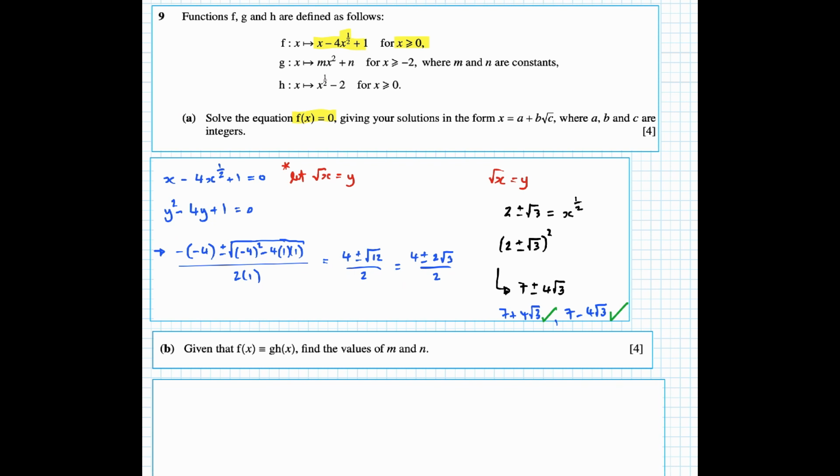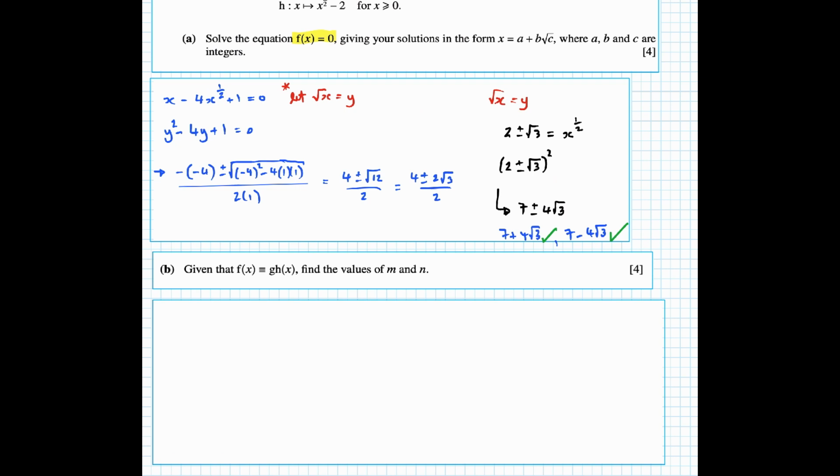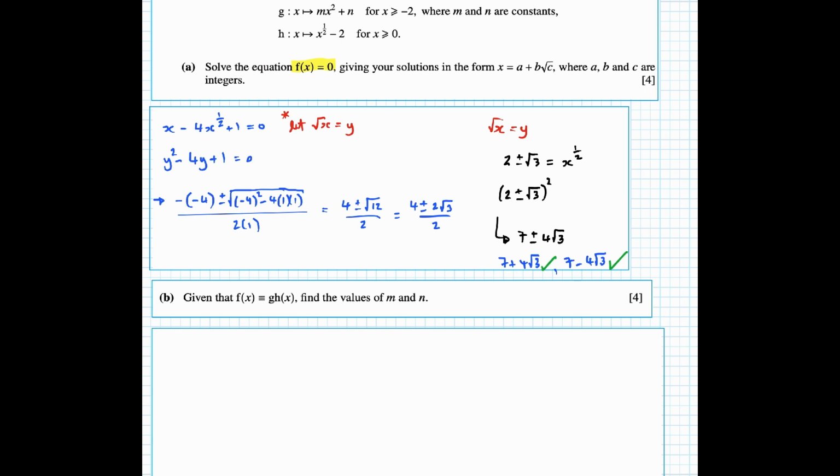Next, we're given f of x is an identity to g of h of x. So we'll do the second part first. Remember that h of x is going into g. So we'll get m times root x minus 2 squared plus n.